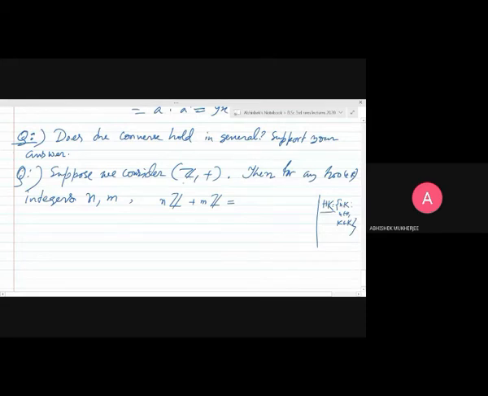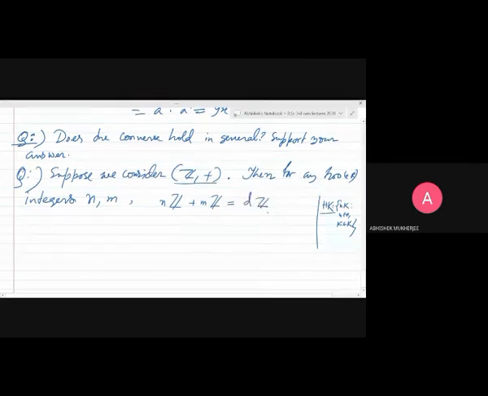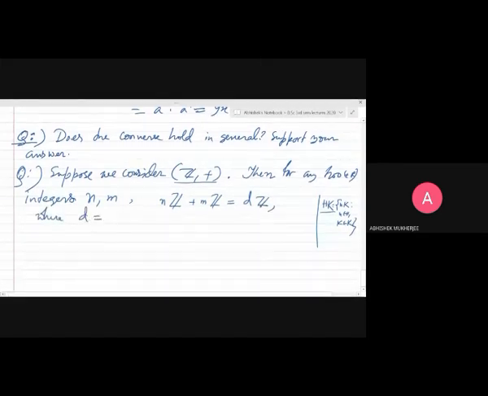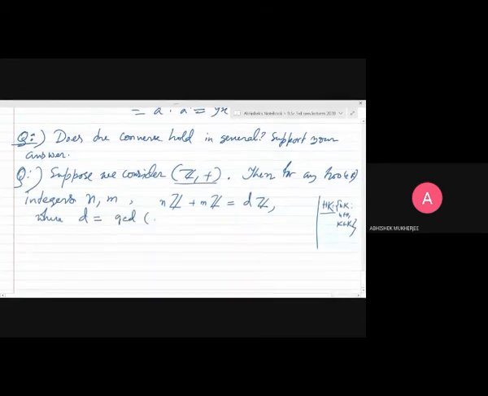Now the composition for Z plus is plus. That is why we are writing nZ plus mZ. But this group is actually dZ, where d is the GCD of n comma m.